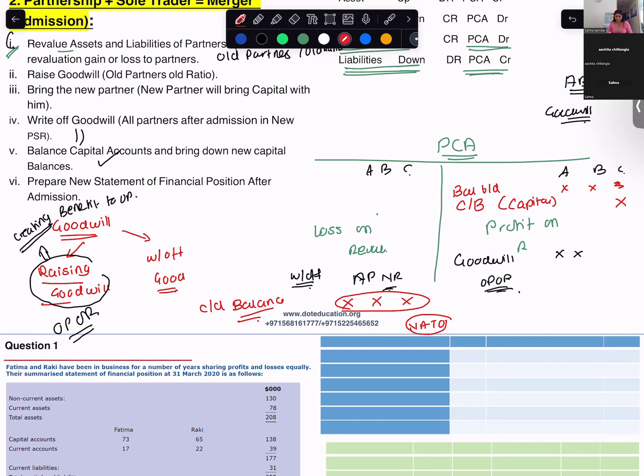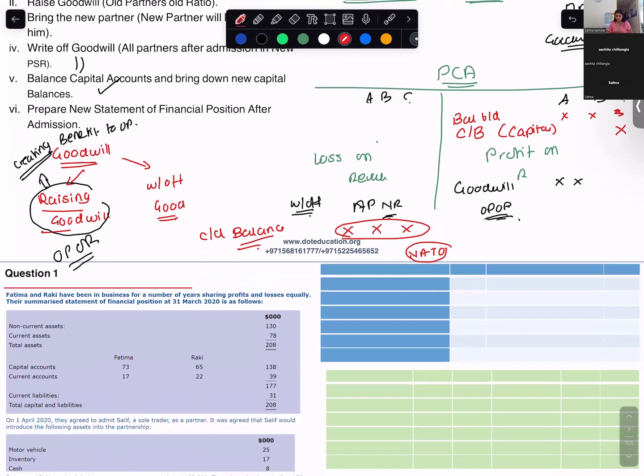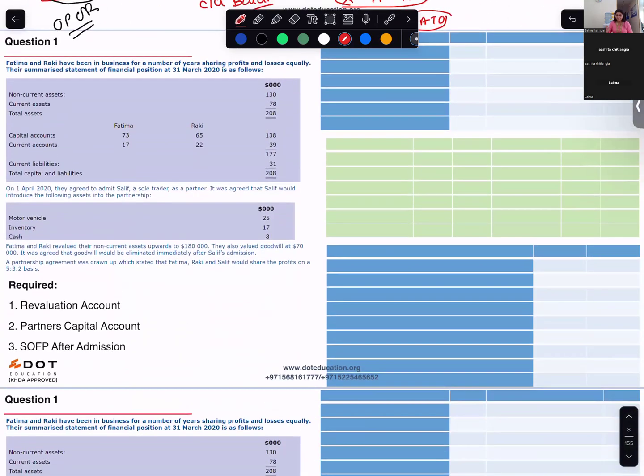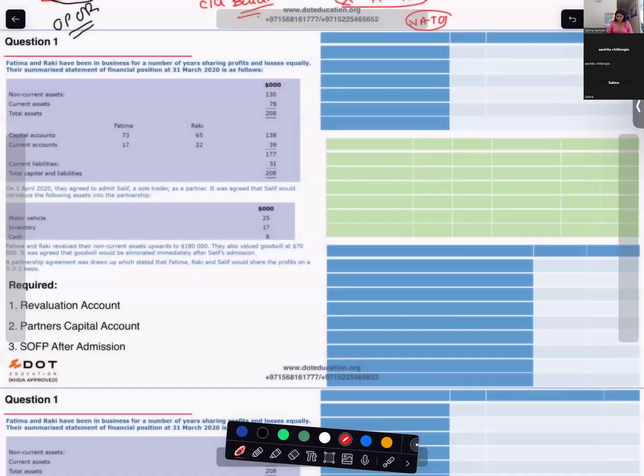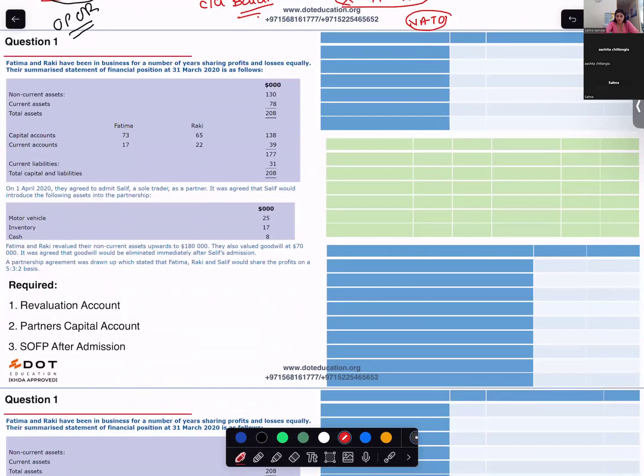Are you with me? So this is all that is related to admission of partners. With this, there is the first sum over here, which is related to admission. I will give you some time. Look at these sums.